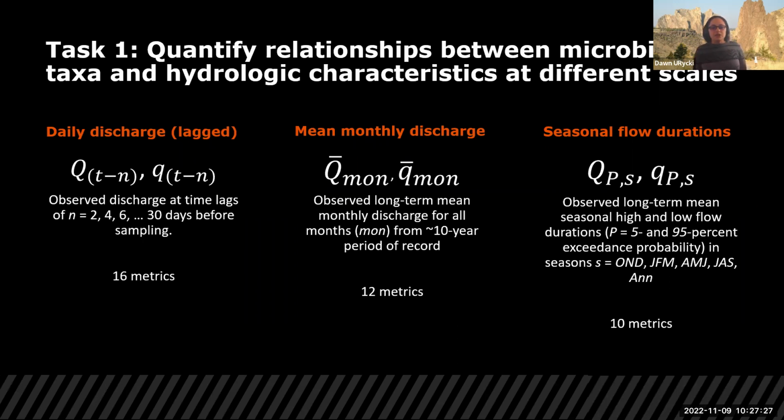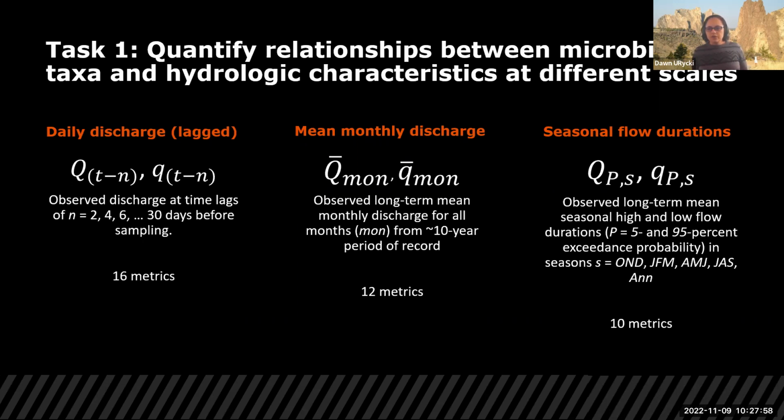Mean monthly discharge, which is the observed long-term mean discharge across an approximately 10-year period of record, we felt represented more long-term means and characteristics of catchment function. And finally, we looked at seasonal flow durations, which are the 5 and 95% exceedance probabilities in each season and annually, to capture the extreme flows in the catchments.